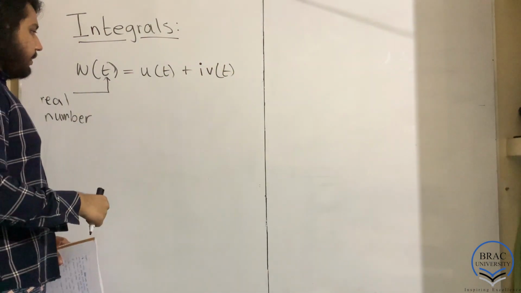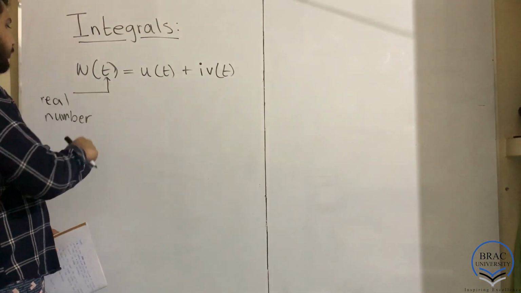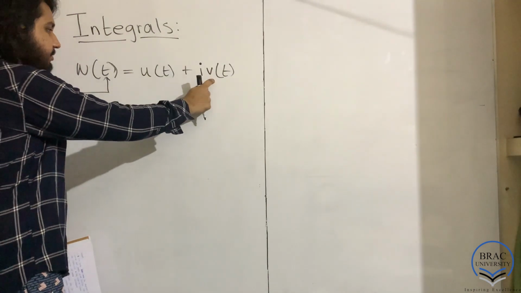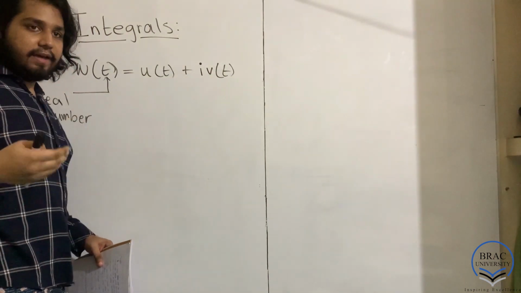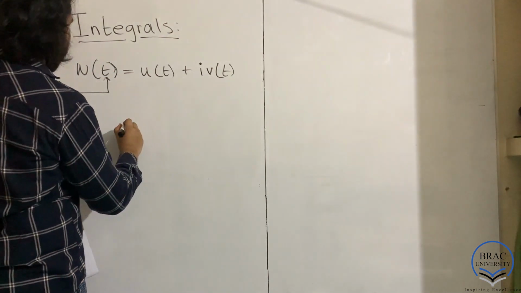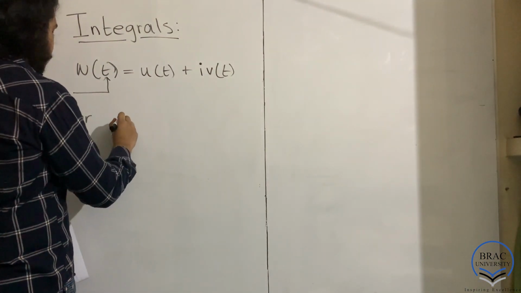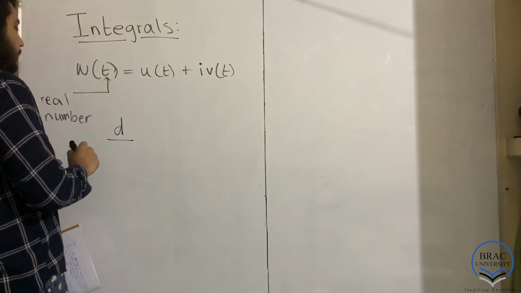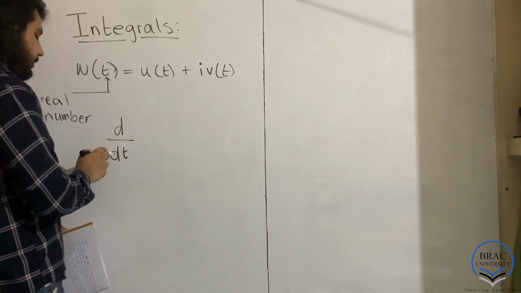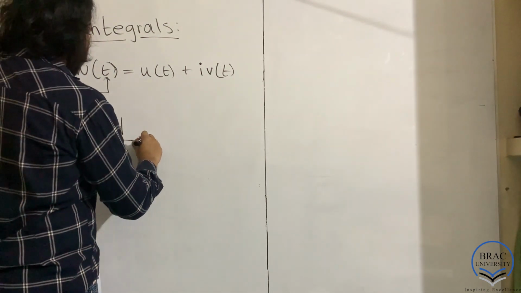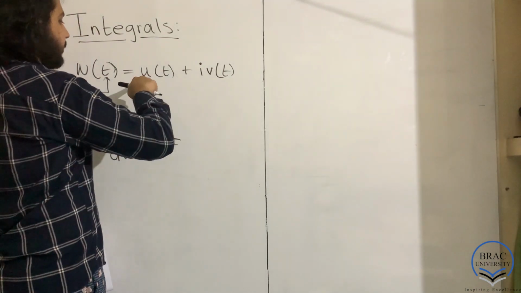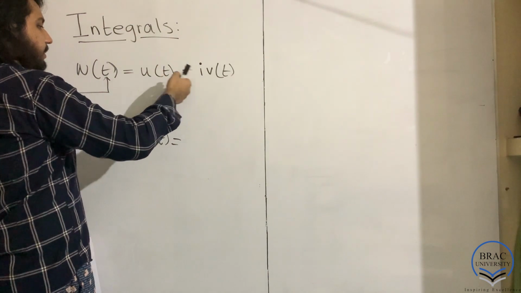Now taking the derivative of w with respect to t would hit these real and imaginary parts separately, as you may have seen when working with derivatives of complex numbers. So if you hit this complex number W(t) with the operator d by dt, you separately differentiate the real part and the imaginary part.